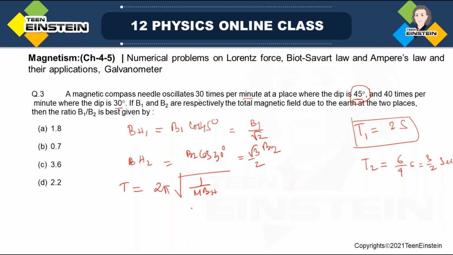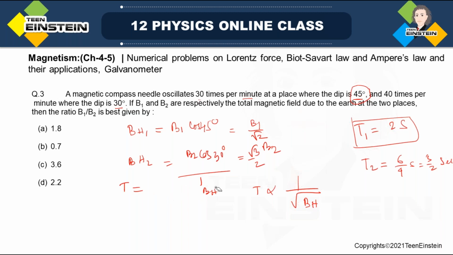So in this case, we are seeing that T is inversely proportional to root over BH. This is the proportionality relation we have, where M is constant.